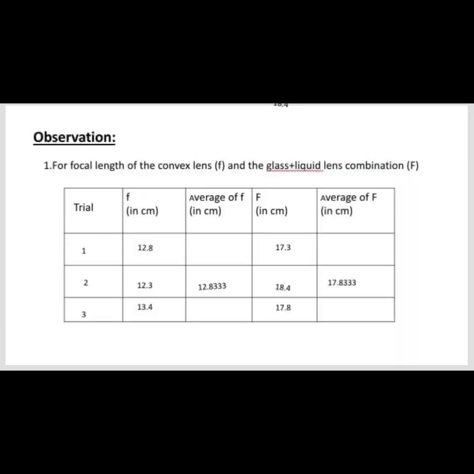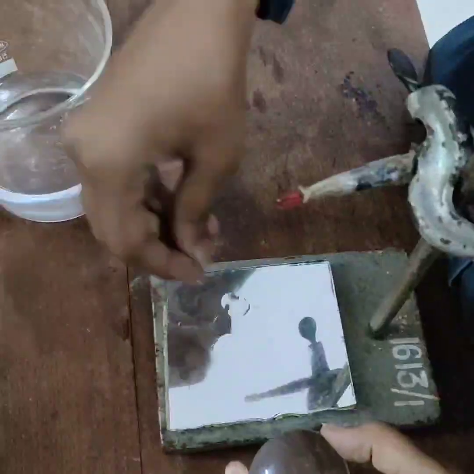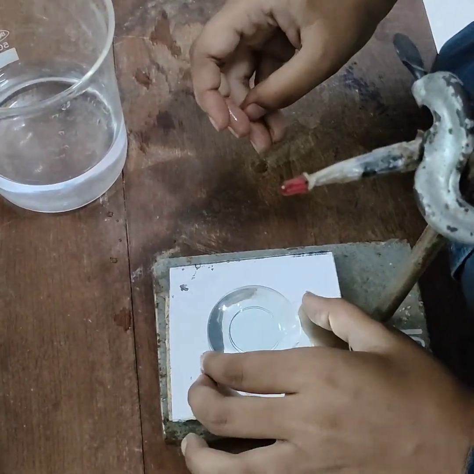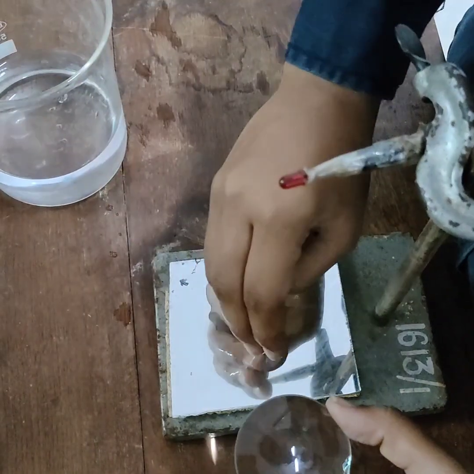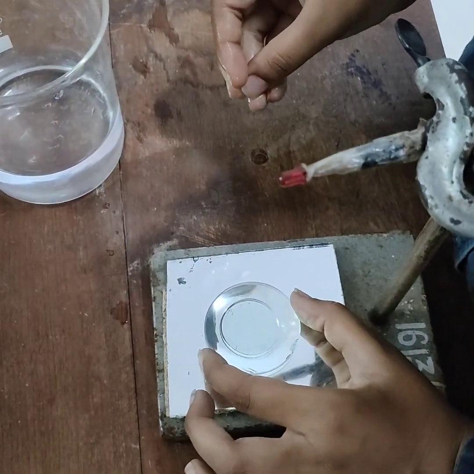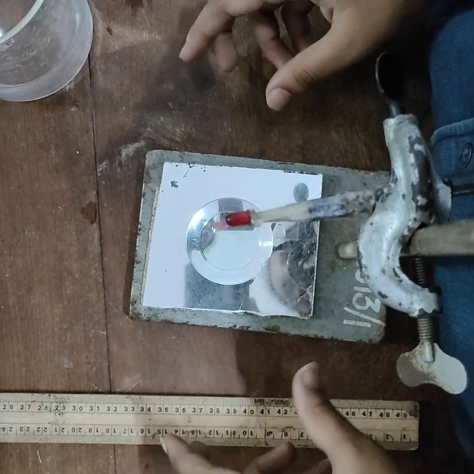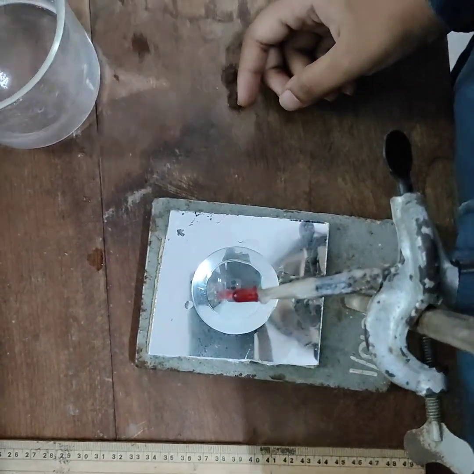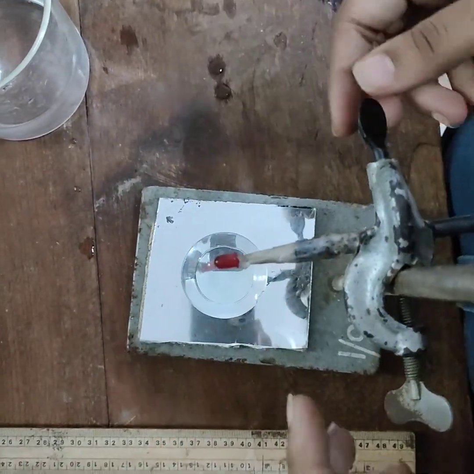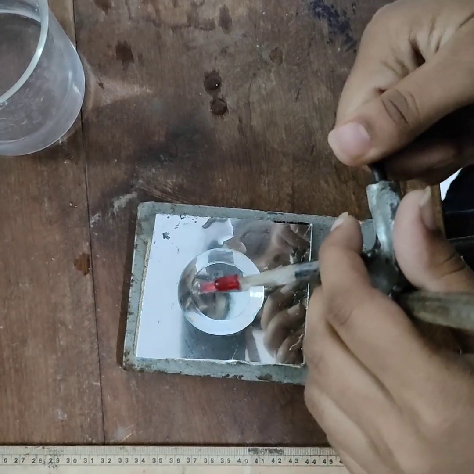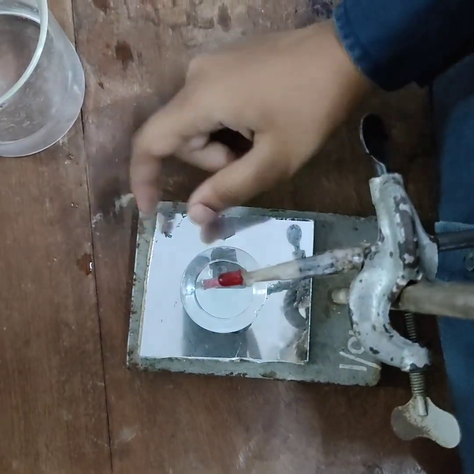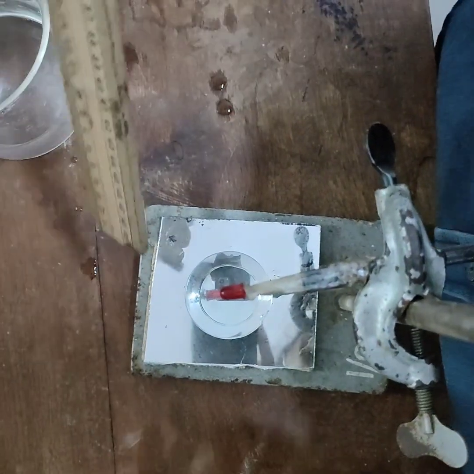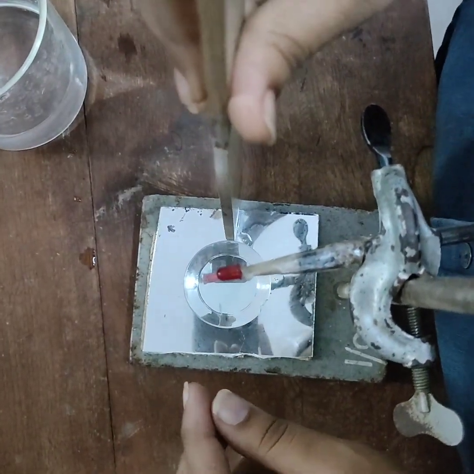Moisten the mirror with a little of the liquid whose refractive index is to be found, so that the space between lens L and the mirror M is filled with the liquid. Again we will adjust the needle until we get a non-parallax inverted image. We adjusted the needle in such a way that the image in the converging lens and the needle are at the same position, which is the non-parallax position with its inverted image.